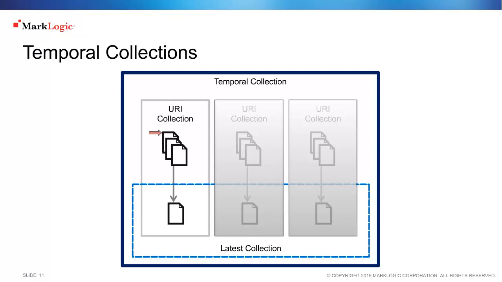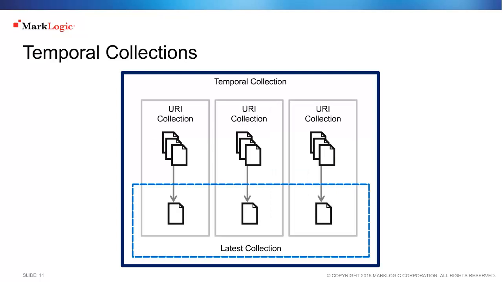The original document that is inserted into the database is kept and never changes. When the document is updated, a new document representing the update is inserted into the document's URI collection. Any new document inserted into the temporal collection will have its own unique URI collection that will hold all of the versions of that document.